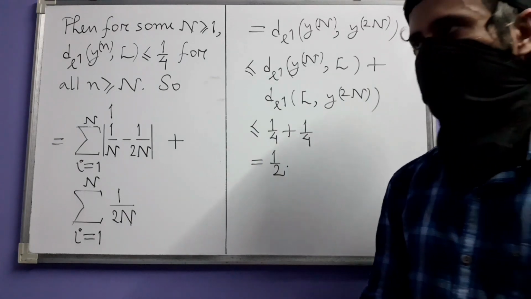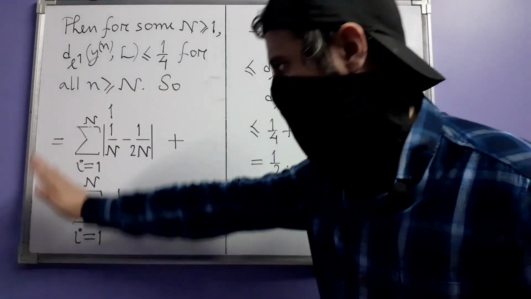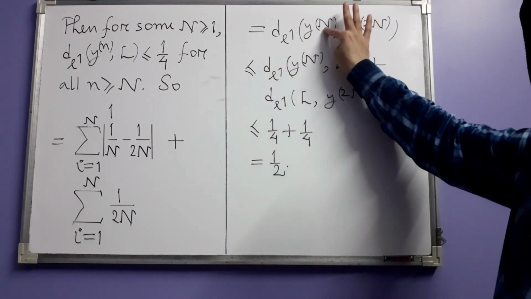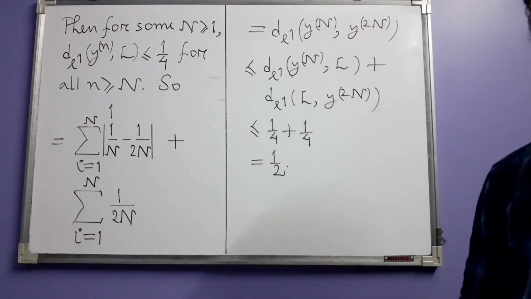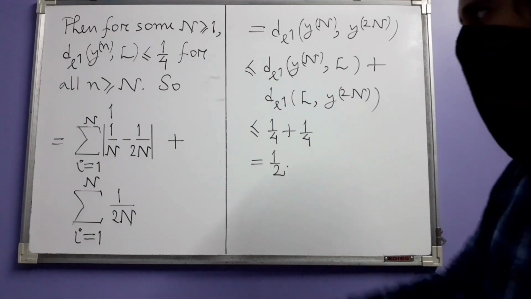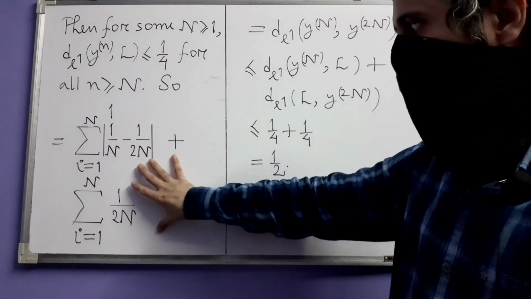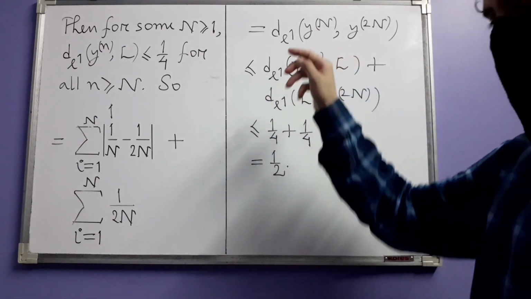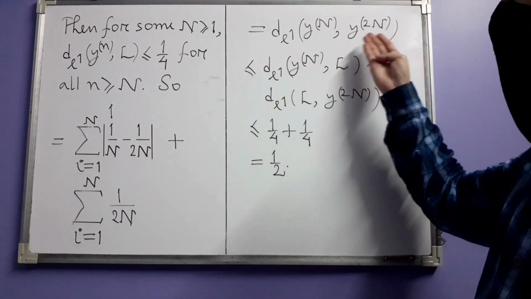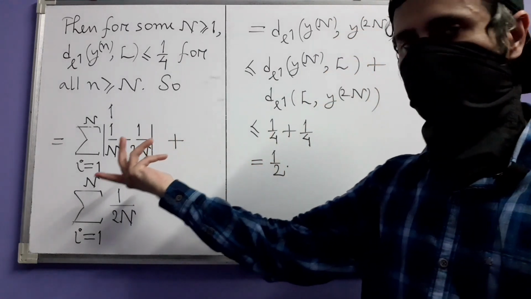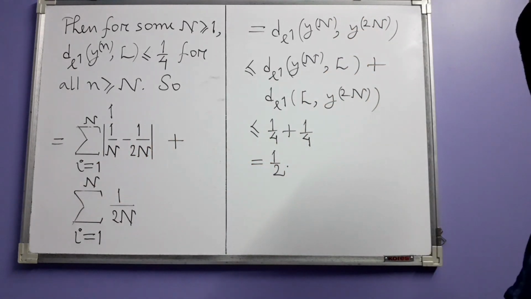You can verify pretty easily that this thing is equal to the dl1 distance between yn and y2n. It's just a matter of calculation. It looks complicated from this side. If we take this one and try to see how it is equal to this, then it is complicated. But you just simply apply the definition of dl1 here and you calculate and you will see that you are getting this.